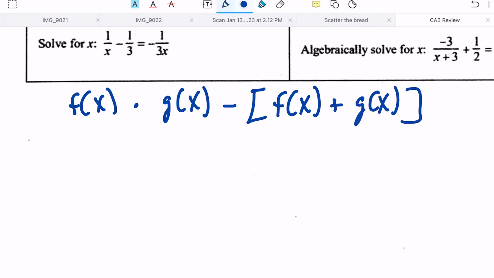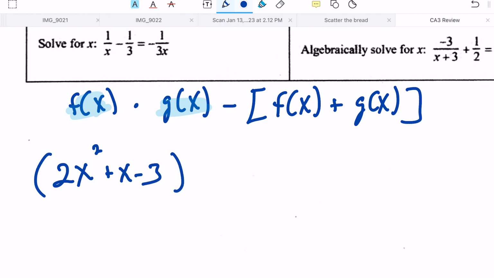So let's do f of x times g of x first. So that is going to be 2x squared plus x minus 3 times x minus 1.